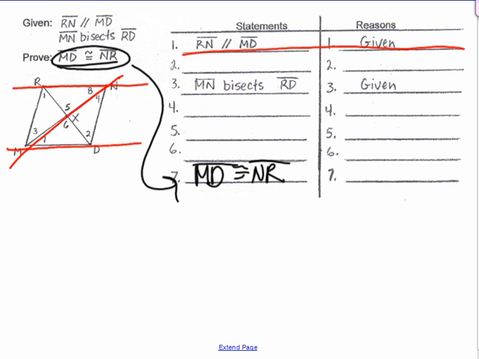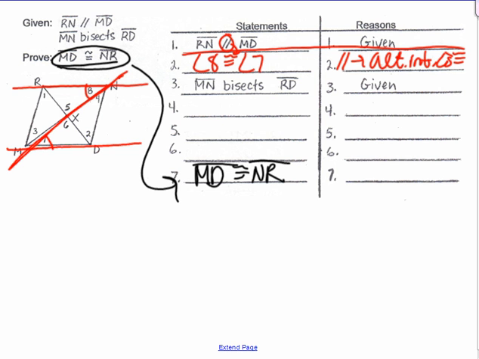I'm going to use this one because I can say that angle 8 and angle 7 are congruent. Because if lines are parallel, then those angles are congruent because those are alternate interior angles. So parallel then alternate interior angles congruent.